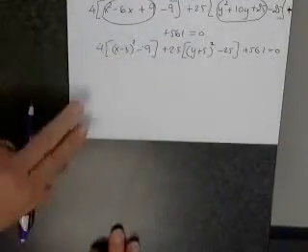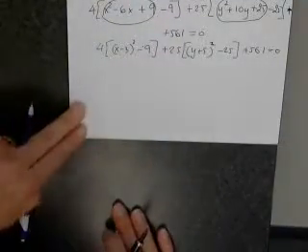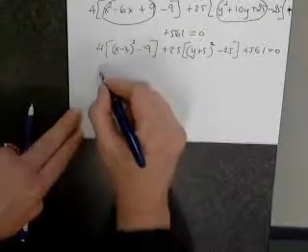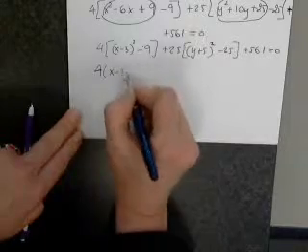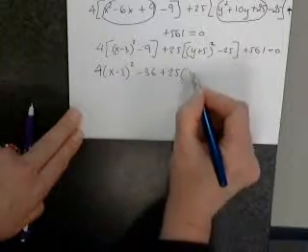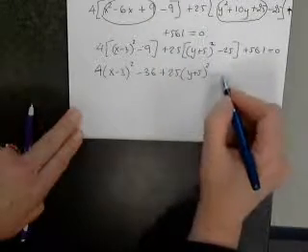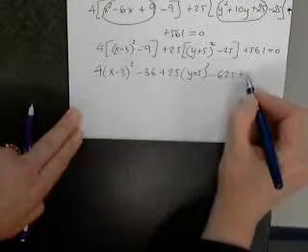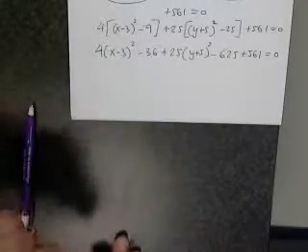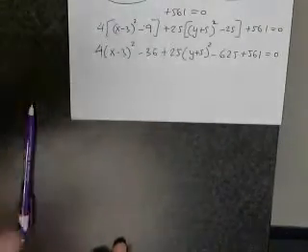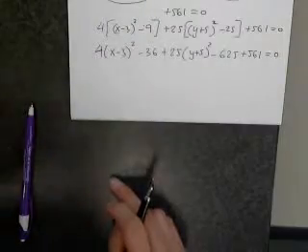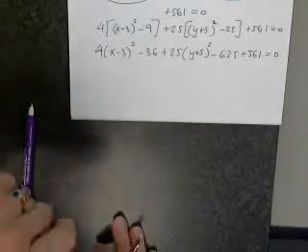What is the next step now? Yes, but careful, not inside parentheses. Okay, very good. So 4 times (x minus 3) squared minus 36 plus 25 times (y plus 5) squared minus 625 plus 561 equals 0. After this one, I'd like to do one more problem with a circle. So you don't think that you're not going to potentially have a circle there.